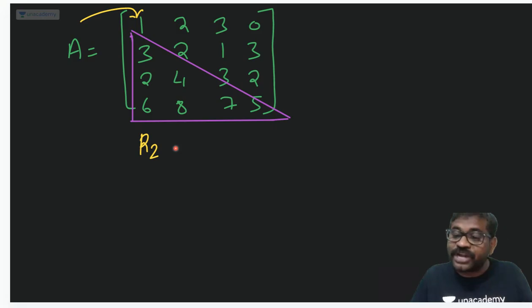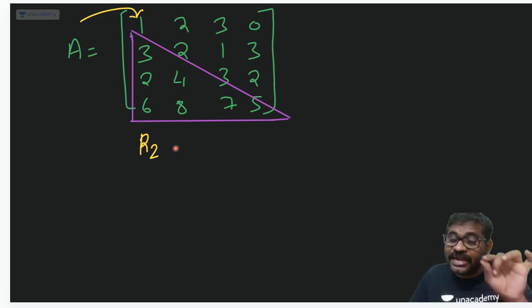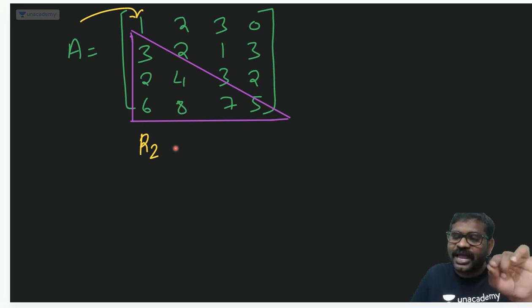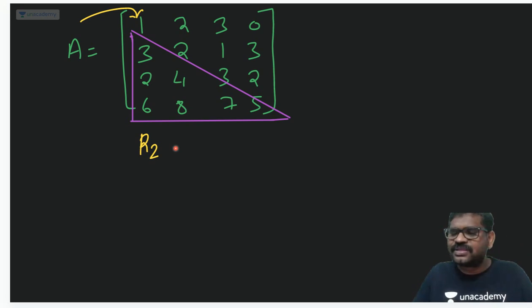You have to reduce all the entries in the right angle triangle to 0. Sir, what is the advantage of this technique? Is it compulsory? The technique is only for convenience. If you reduce all the entries covered by the right angle triangle to 0, it automatically satisfies the first condition of our echelon form.